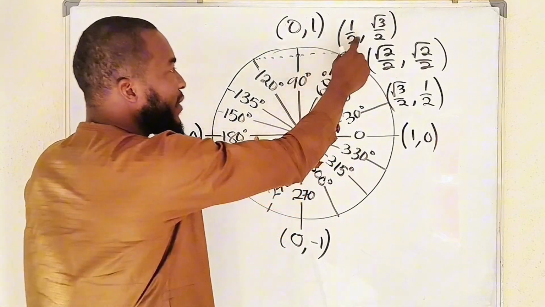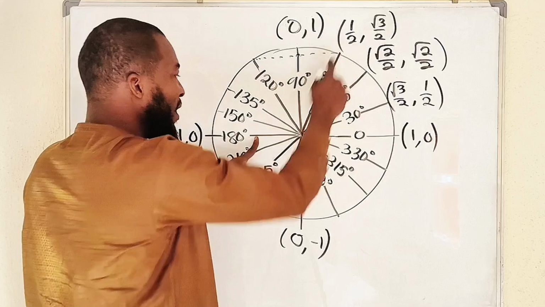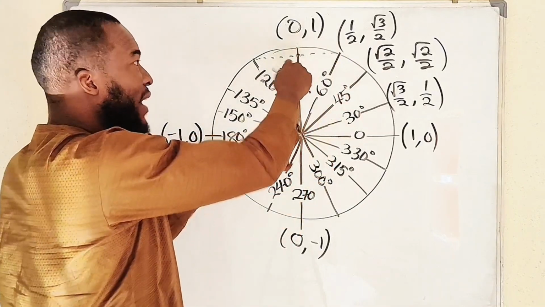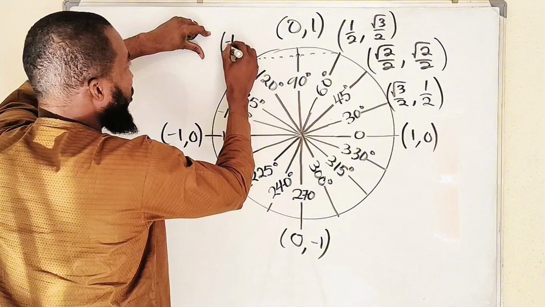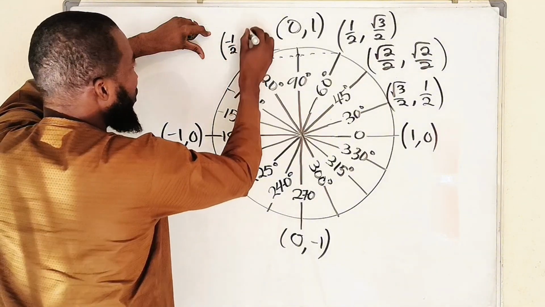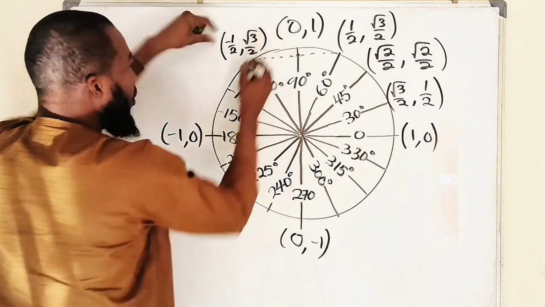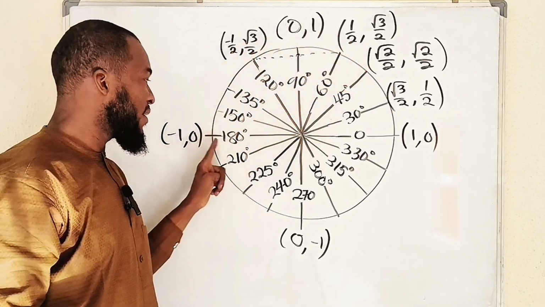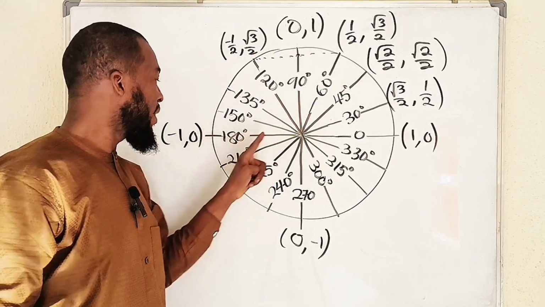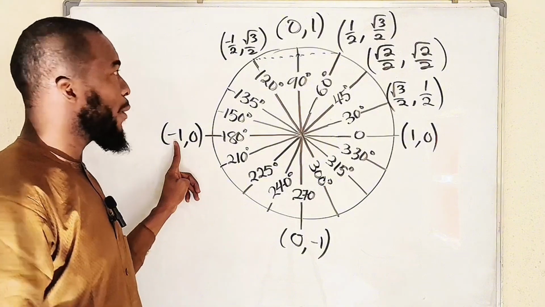Therefore, you take negative version of cosine and positive version of sine. So the coordinate here will be what? Negative 1 over 2, positive root 3 divided by 2. The only difference is that for x, it will take negative because this is x-axis, which is negative. You can see even 1 is negative here.